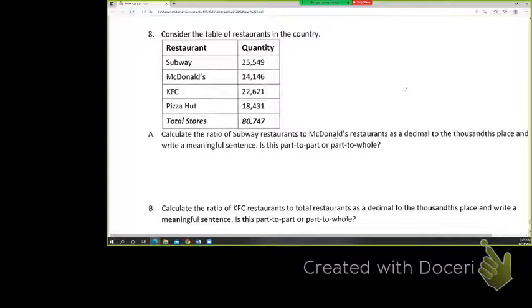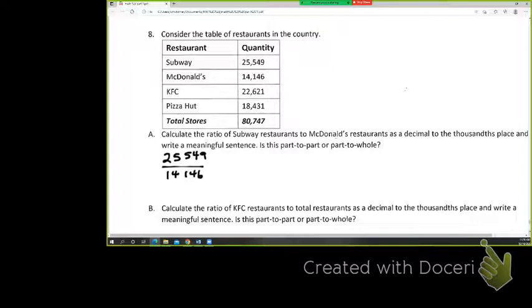So Subway to McDonald's. In the order it's given, here's my Subway on top, my McDonald's on the bottom. Now, is this part to part or part to whole? Part to part, right?